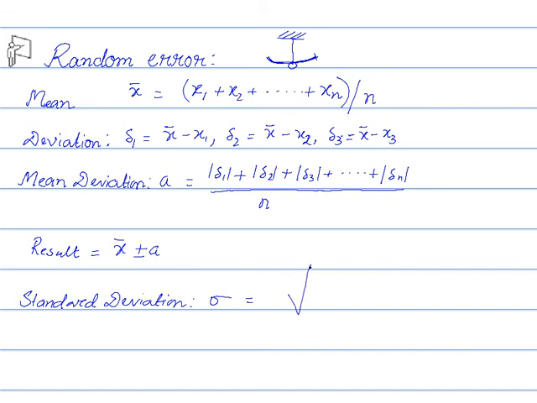It is the square root of the summation of the squares of all the deviations, for i equal to 1 to the number of observations, divided by n minus 1. So the correct result after calculating it through standard deviation is the mean plus or minus the standard deviation.